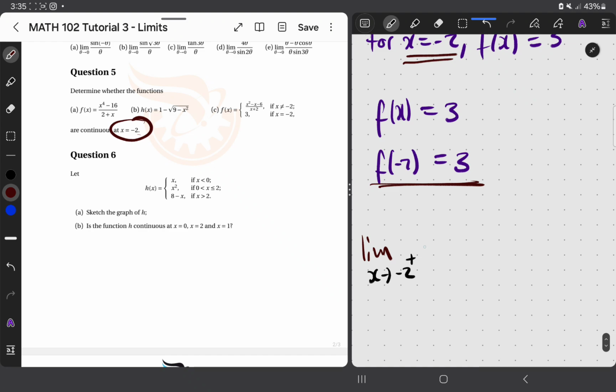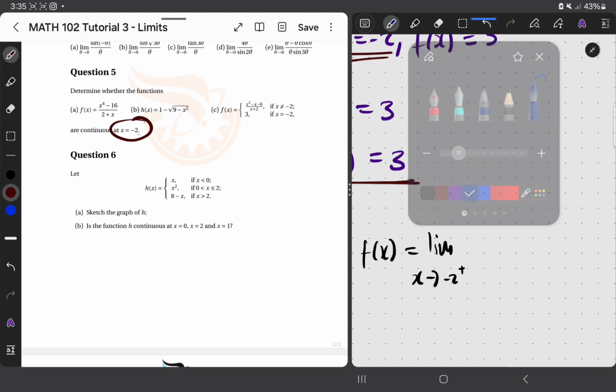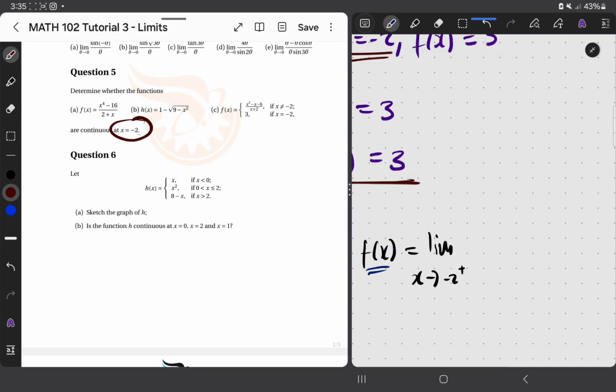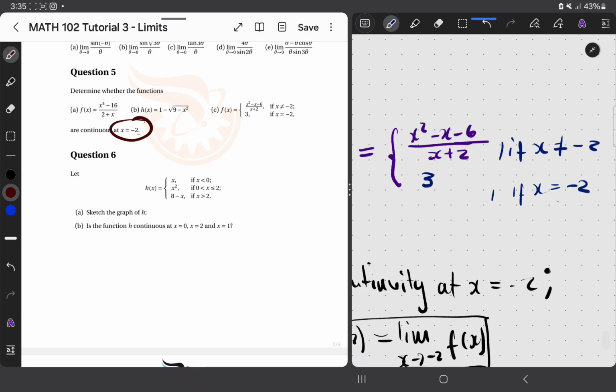We can say from the right, the limit as x goes towards negative 2 from the right of f of x. What are we going to choose as our f of x? Well, if we are going towards negative 2, but we are not at negative 2, then it is always going to be this one, because this is only when x is negative 2. So whenever x is not negative 2, it's going to be this one.